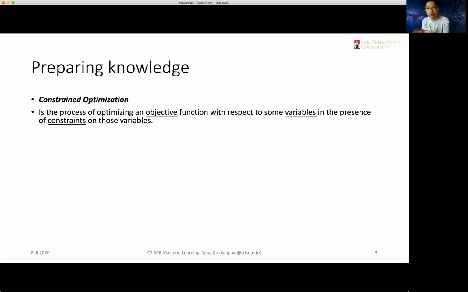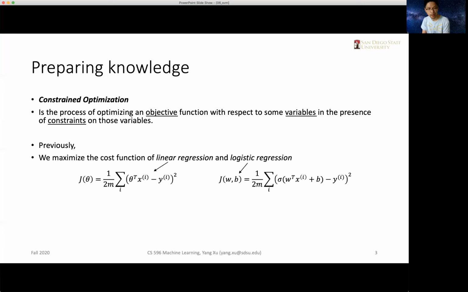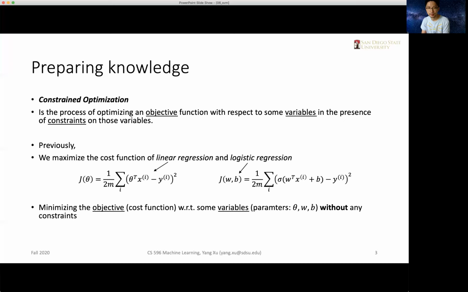We actually had some experience with this, because when we examine the cost functions of linear regression and logistic regression models, these are the objective functions, defined with respect to variables like theta or w and b. But previously we didn't set any constraints on theta or w and b, right? They are basically free variables.